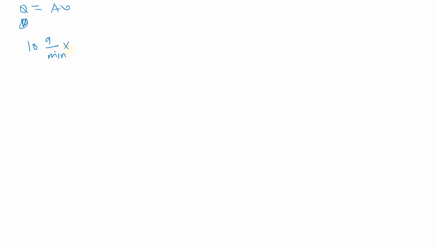I'm going to convert that gallon per minute here. So 1 gallon is 231 inch cube, and then I'm going to convert minute to second. 1 minute is 60 seconds. Then the area is pi by 4 d squared. It's a 3/4 inch pipe, times the velocity.